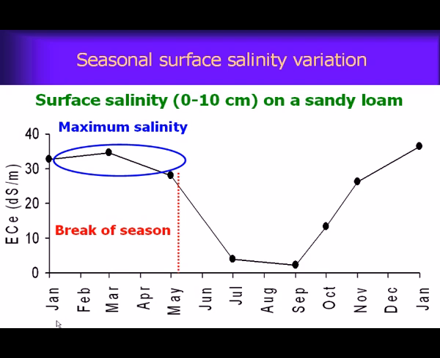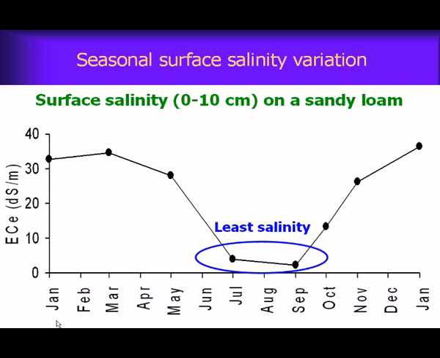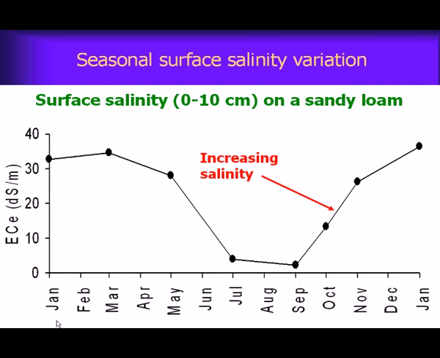We then get the opening rains to the season, and subsequent rains flush the salts from the surface of the soil to lower in the soil profile, so that by the time you get to midwinter, the salinity is at its least, and in many situations it's quite okay for growth of some plants. And then as soils dry out in spring and summer, salinity levels increase again.